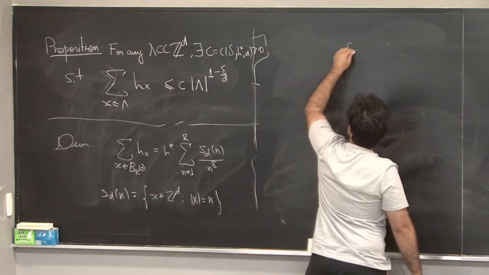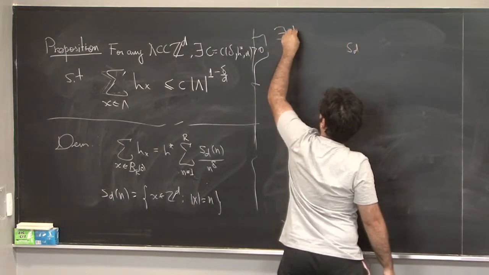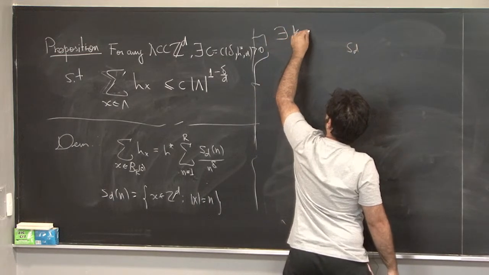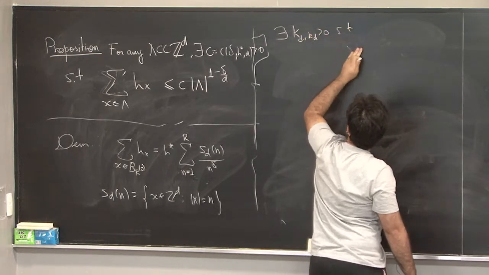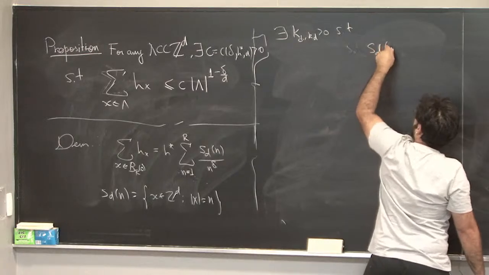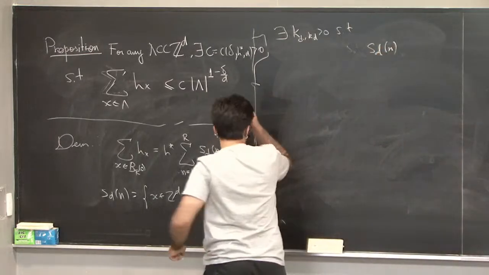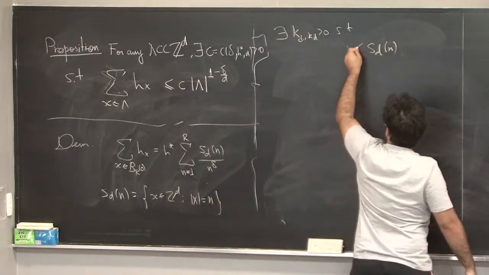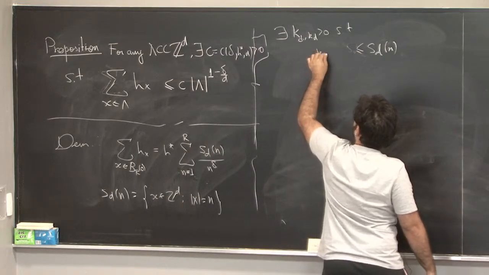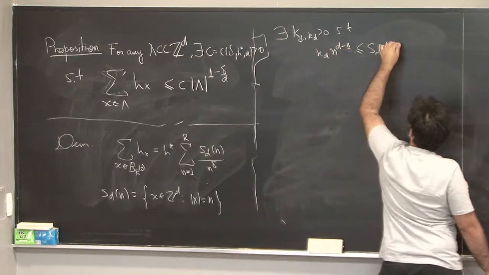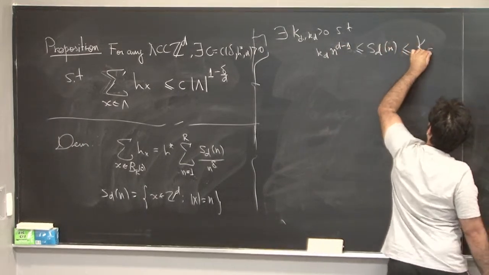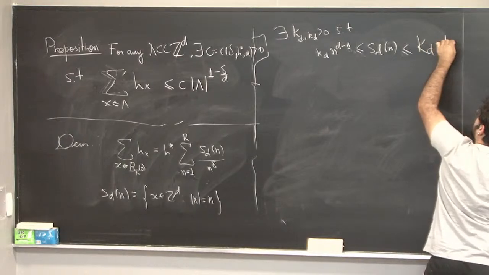For S_n, there exist positive constants depending on the dimension, such that the size of S_n is lower bounded by k_d times n to the d minus 1, and upper bounded by K_d times n to the d minus 1.